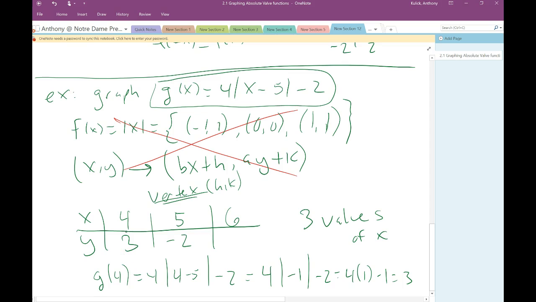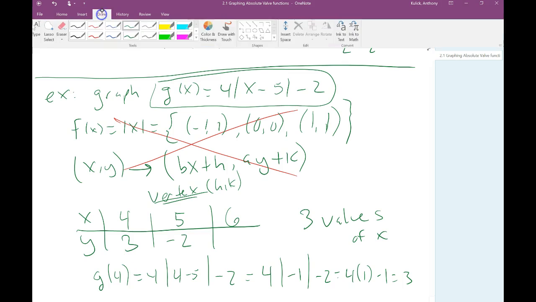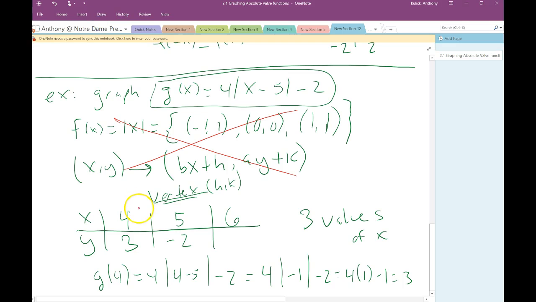Here's a nice observation that we can make. You see how the difference between these x values is 1, and the difference between these x values is also 1?